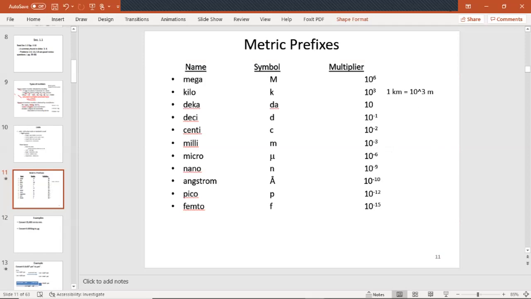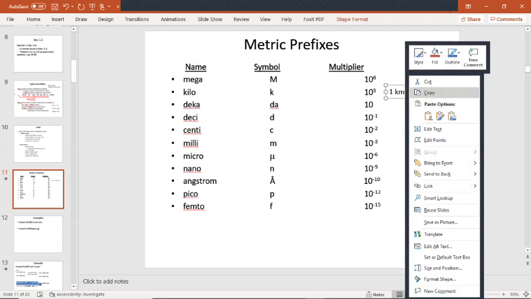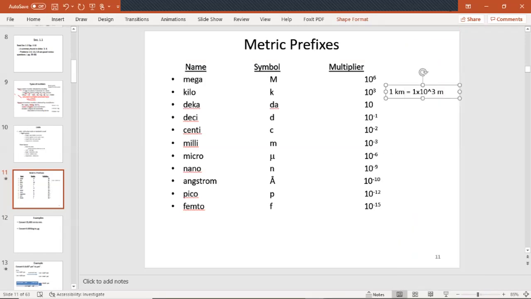That's how you interpret the name with the multiplier. So kilo means 1 times 10 to the third. When we talk about deciliter, 1 decimeter is 10 to the negative 1 meter. This is a conversion factor we would use to convert between decimeter and meter.